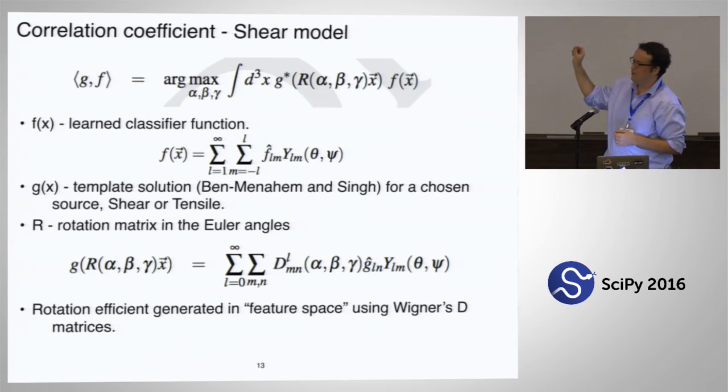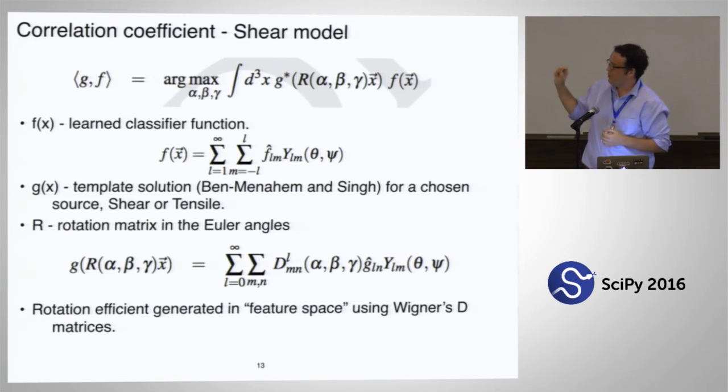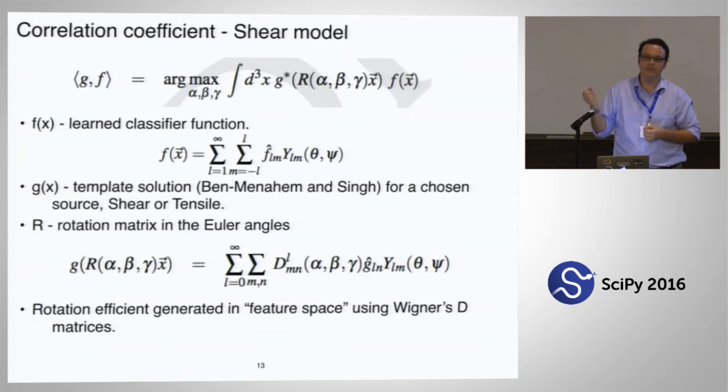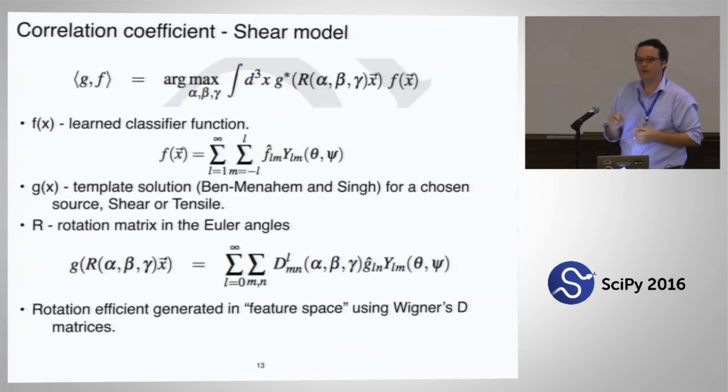This would be difficult if we were to do it in the input domain of the data. If we were to put a mesh grid around the data, we would have to generate rotations of this mesh grid. But borrowing a little bit from quantum theory, we realized that we can actually generate rotations in the feature space. If we want to generate a rotation in the input space of the data, we can do that by acting on the features of the data.